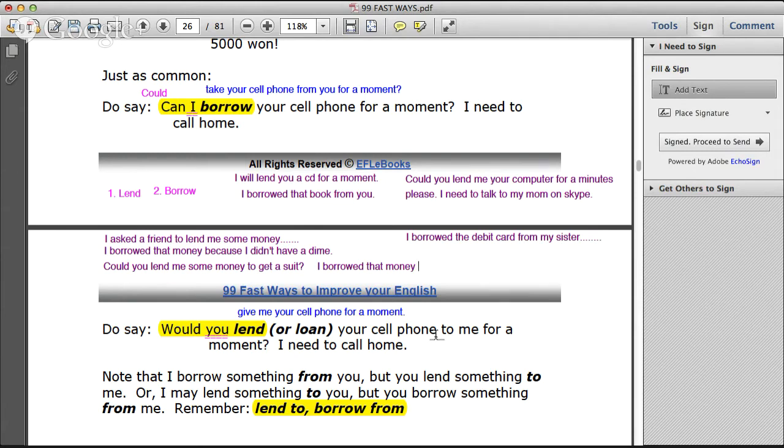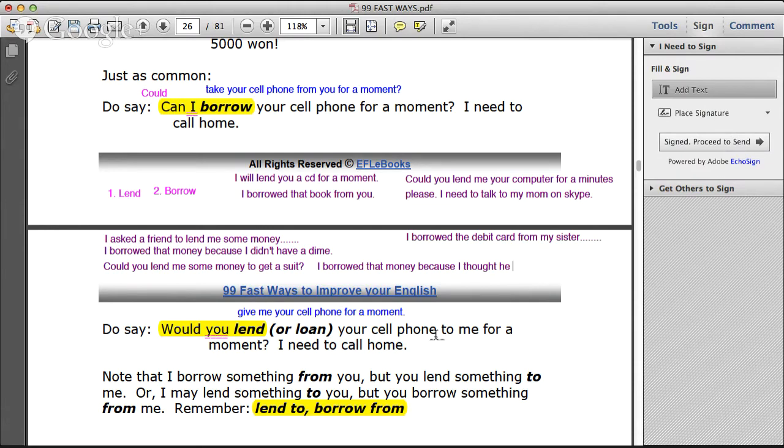Okay, I borrowed that money because I think... it would be in past tense, so you would have to say "I thought." I thought he needs that so much.